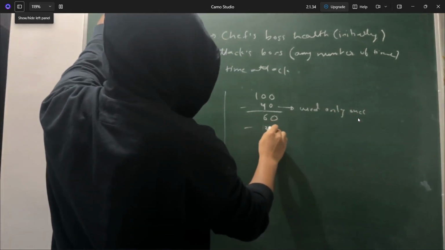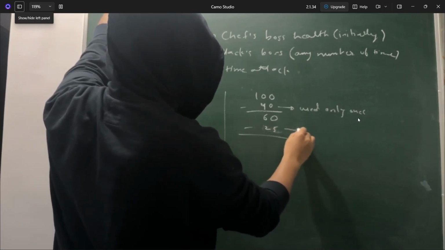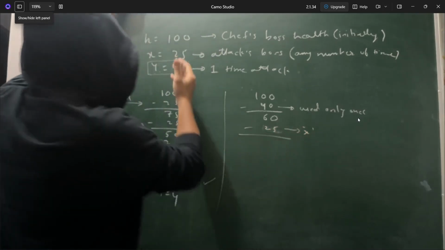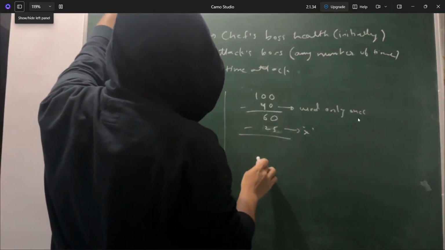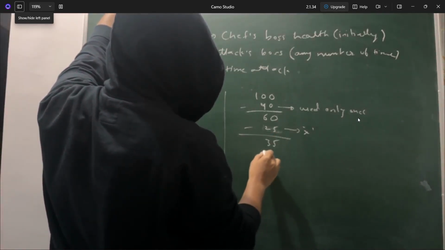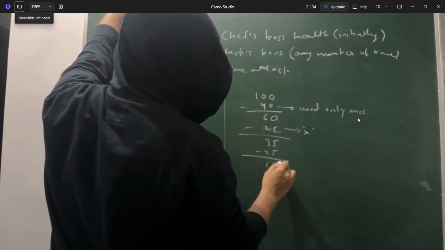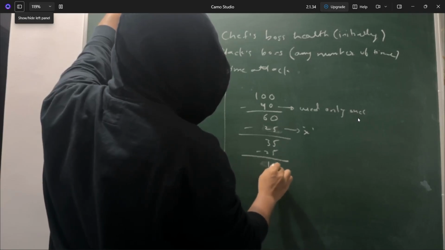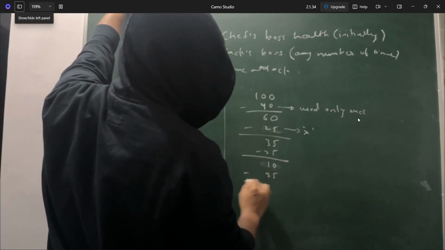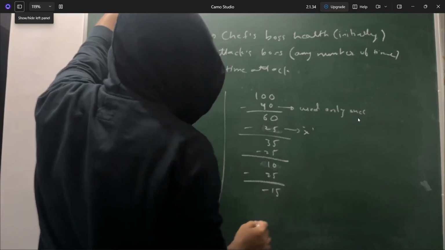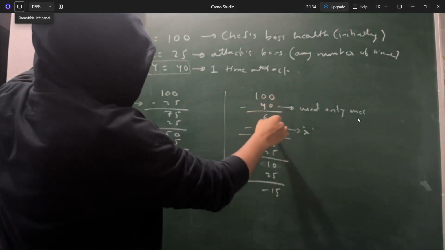Now he will be needing the x attack, which reduces the health by 25. It is basically 35. One more he will be using x operation, it's 10. Again one more x operation, it's minus 15. So how many attacks is he doing? 1, 2, 3, 4.